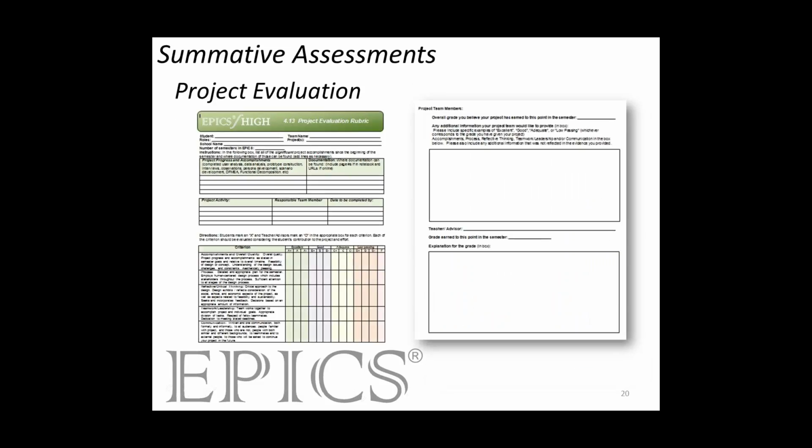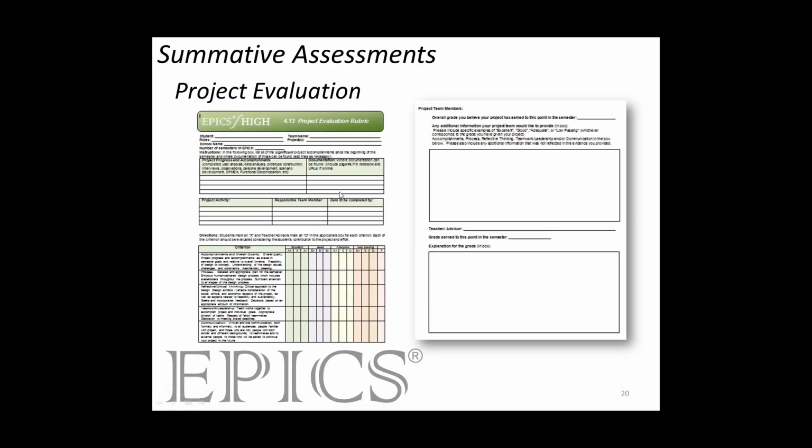At the end of the project, there is a summative evaluation where the project is evaluated by the students. Again, this can be changed and editable, so you can put in different ways that you think it should be evaluated. As a group, they also talk about who was in charge of what piece and where the documentation is for it.